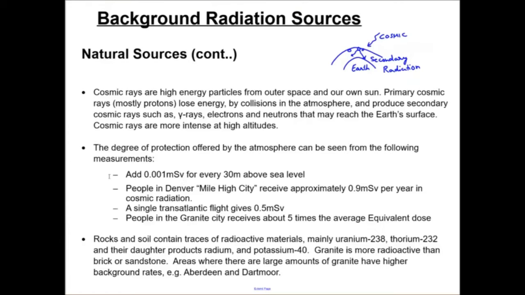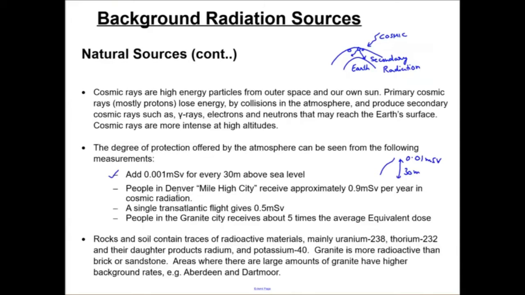Generally, we could add 0.01 millisieverts of radiation as our absorbed dose for every 30 meters we rise above sea level, right?